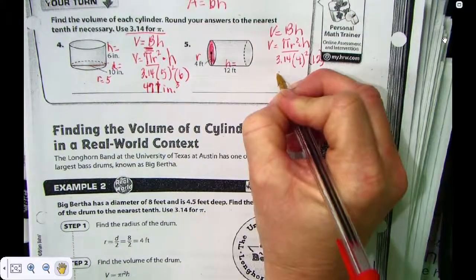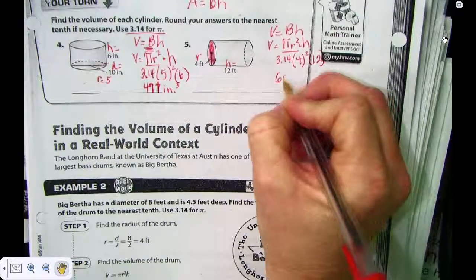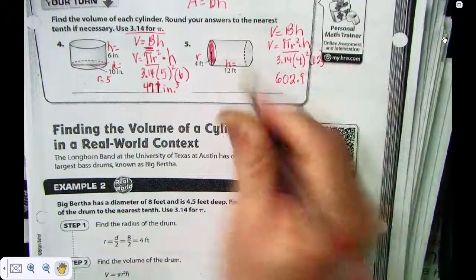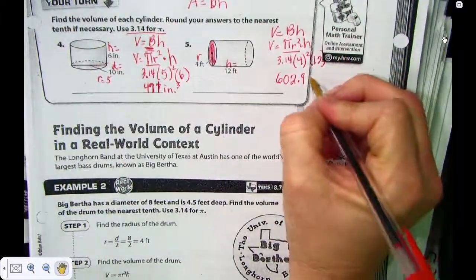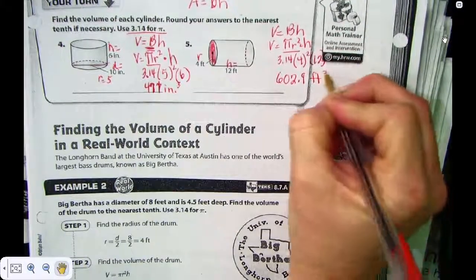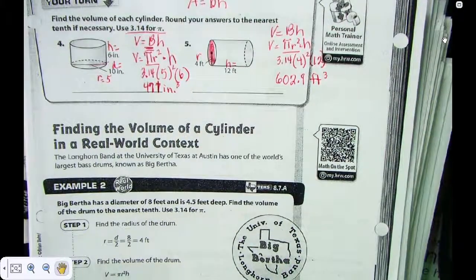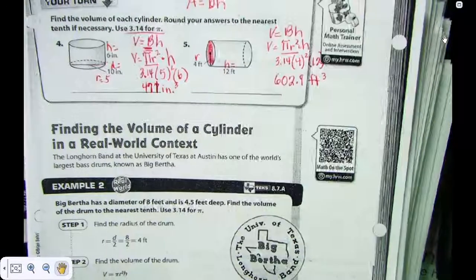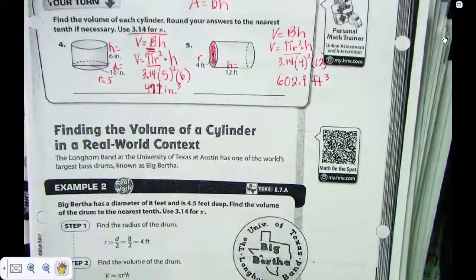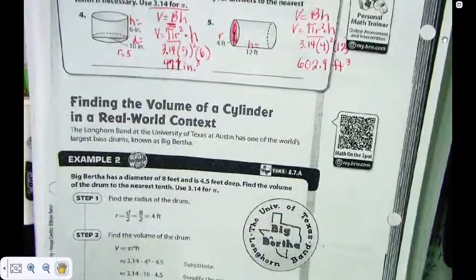Okay, and what'd you get? Good, because they say round to the nearest tenth. Very good. Cubic feet. Did everybody get that? Okay.